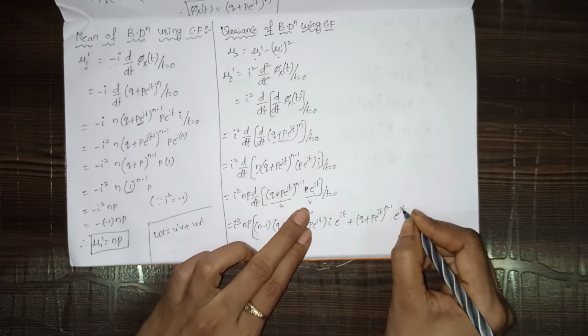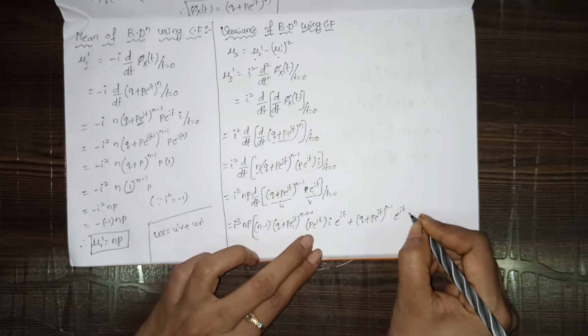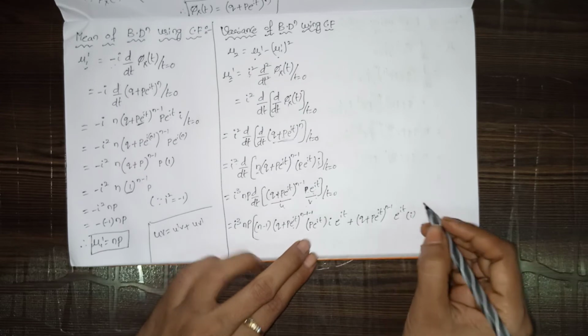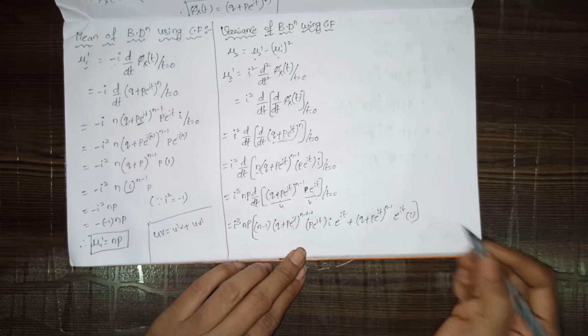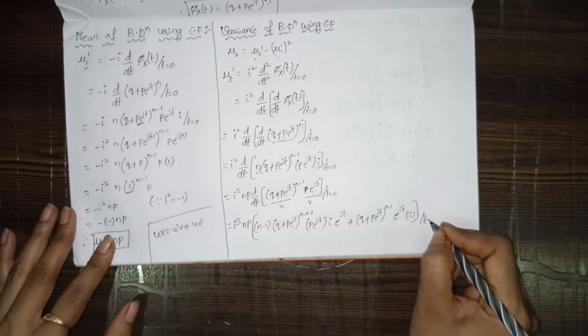But we are having here t coefficient as i, so that's why we are making it into i, where t equals 0.